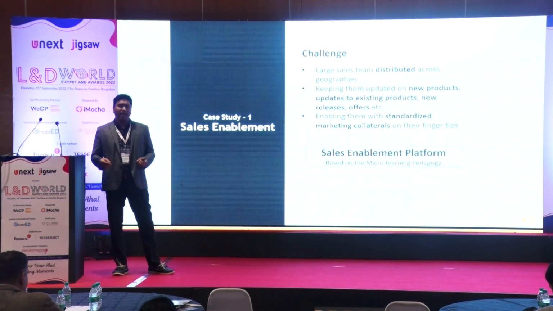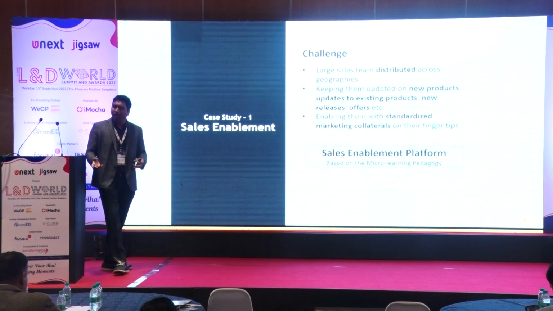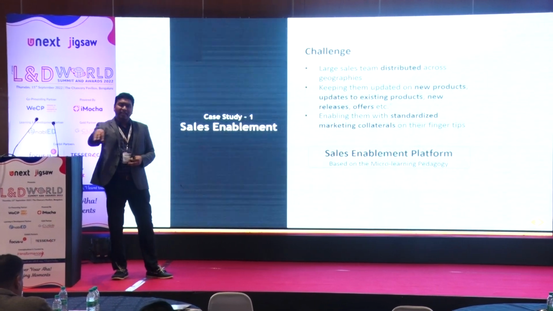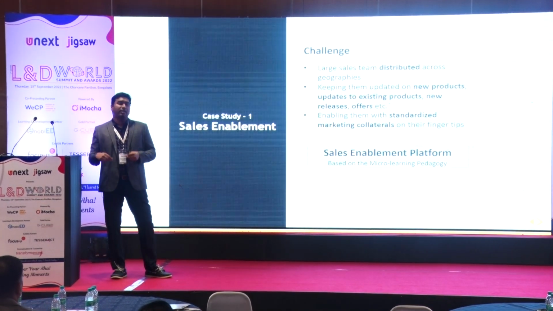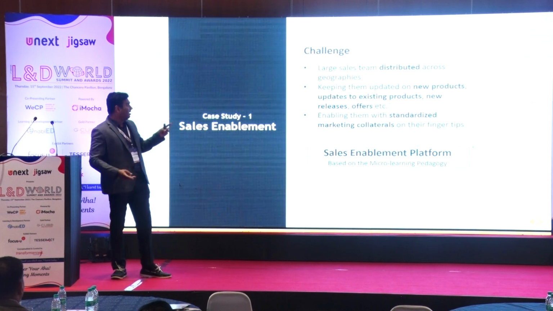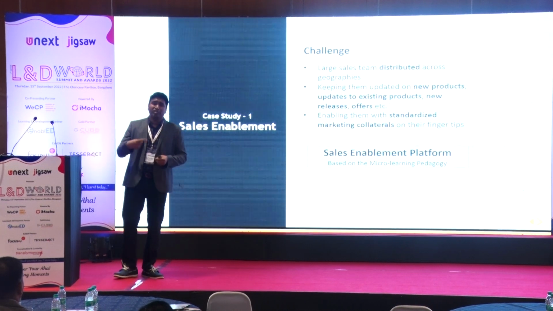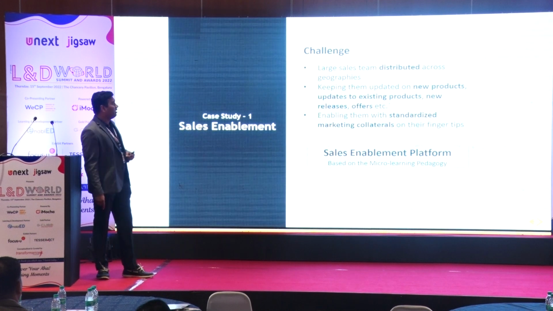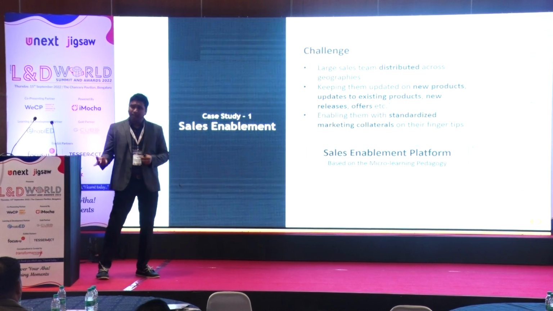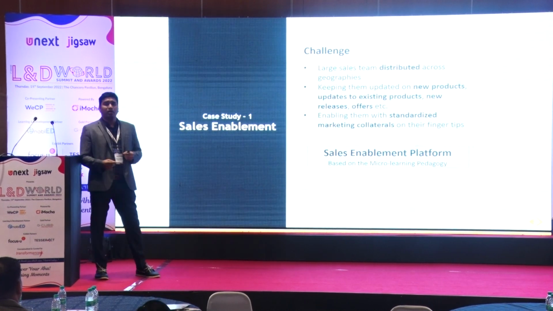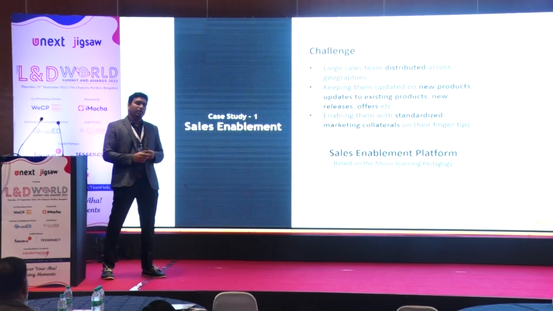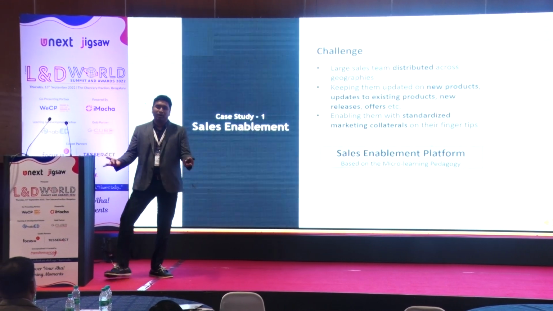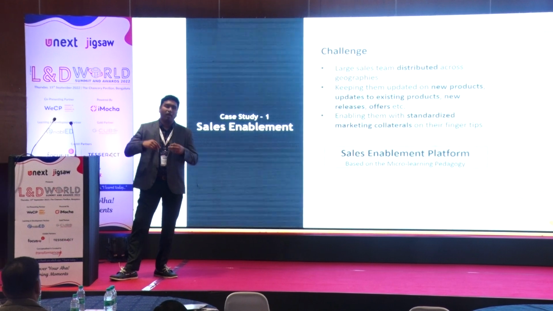And they'll have a lot of salespeople on the ground. There are salespeople in every single outlet. They had to be trained regularly. There'll be new products coming in, new versions of the mobile phones coming in, updates to the existing products. There'll be updates to the marketing collaterals. There'll be offers, new promos that the company will be launching.